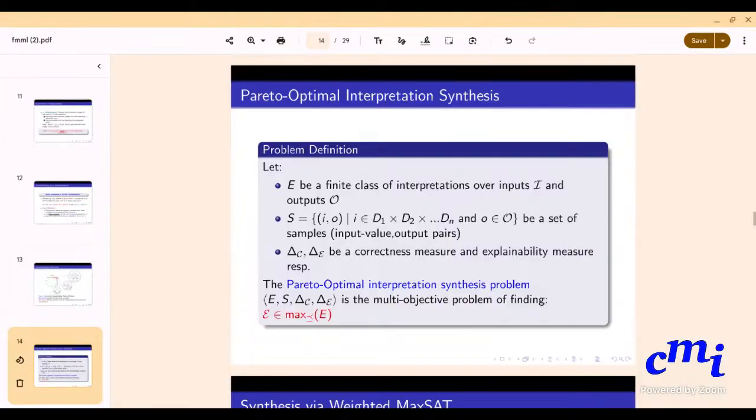The delta C and delta E of those things can be different depending upon what your weights are. Even when the weights are fixed, there are only finitely many. So your Pareto optimal synthesis problem is actually over a finite set. Otherwise even MaxSAT won't work.